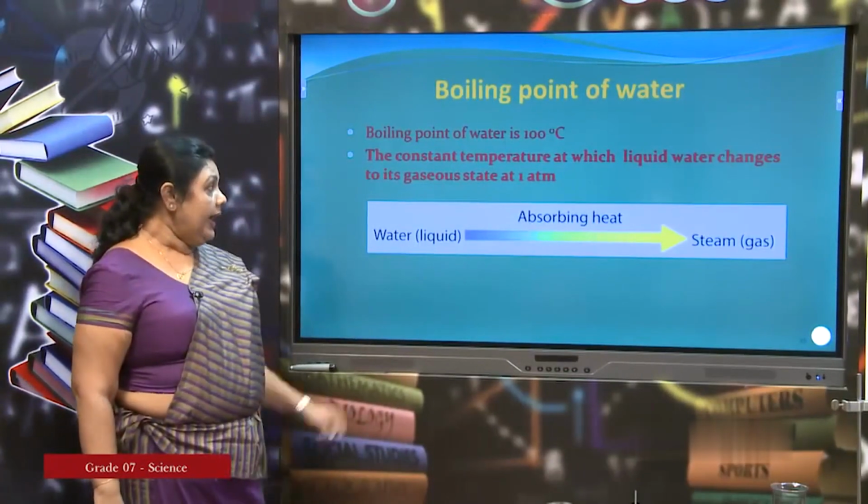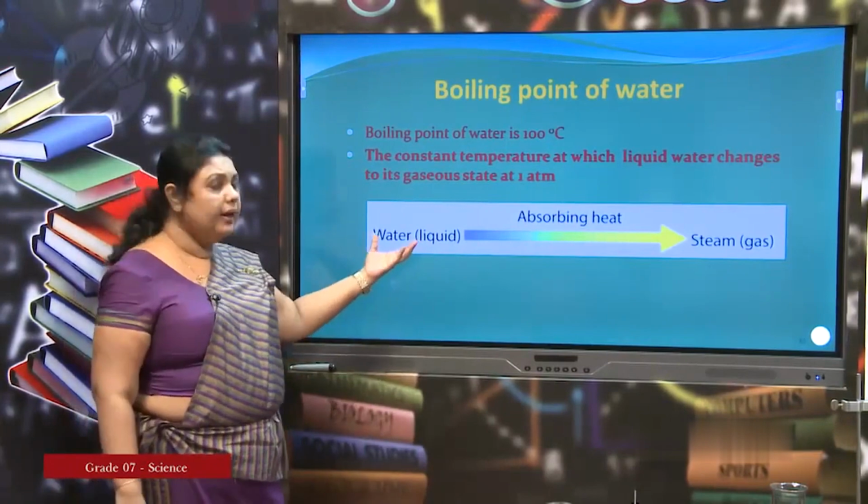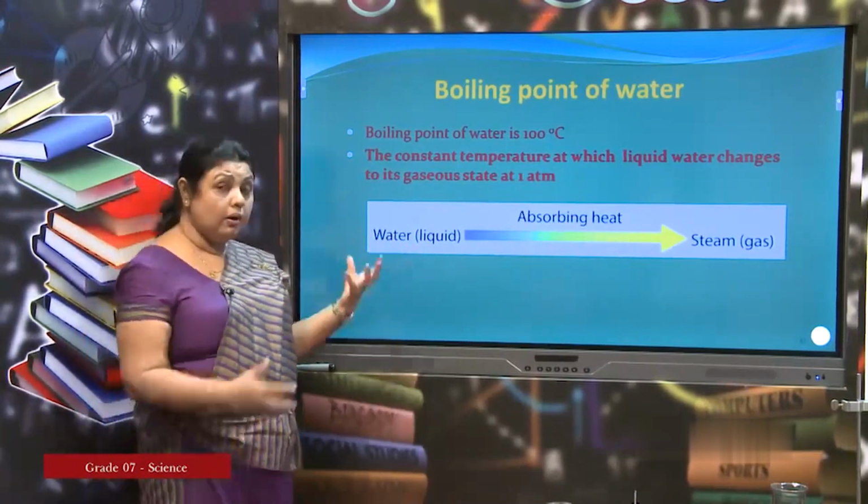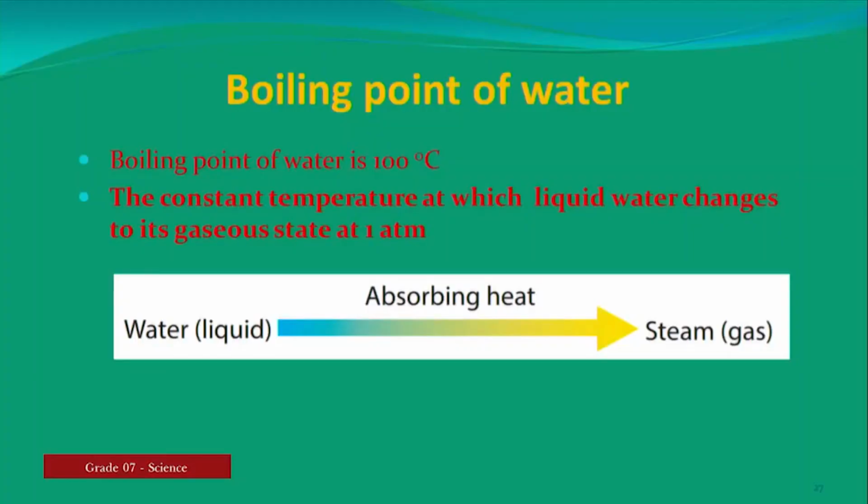Right. So, as I told you, don't misunderstand that it is always water. Water or any liquid absorbs heat to turn into steam. The word steam is only for water, but it can be any gas. So, that is boiling point. The boiling point of water, as we all know, is 100 degrees Celsius.